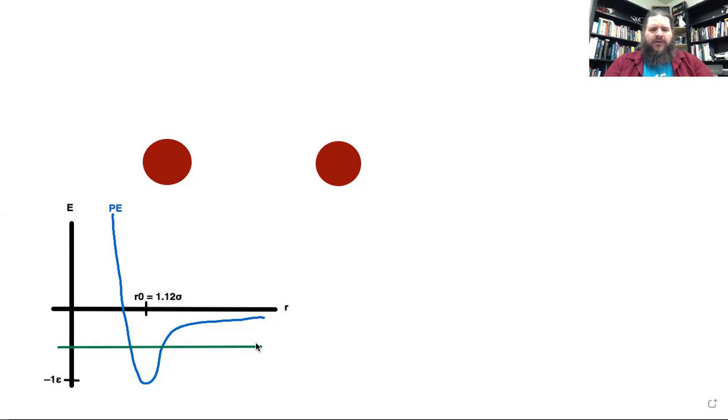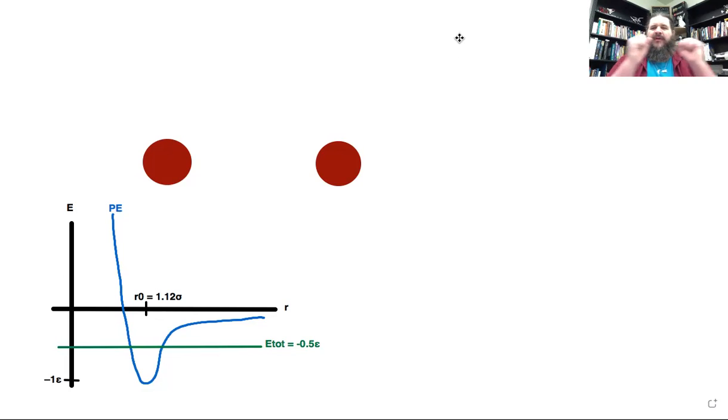And why would we expect E total to be a horizontal line? E total is not changing because it has to be the sum of your potential and kinetic added together. Right. We're assuming E total is the total amount of energy in the system, potential and kinetic energies together.